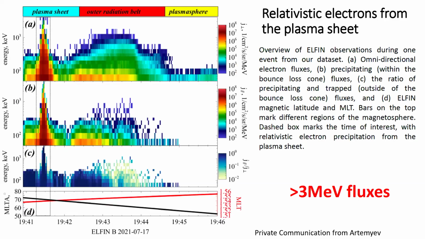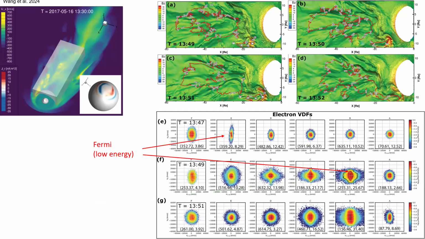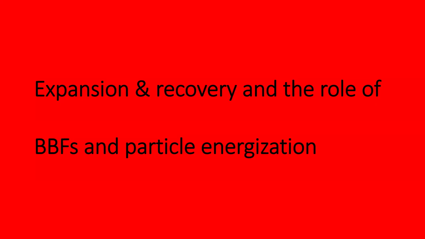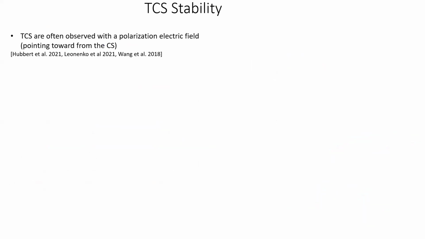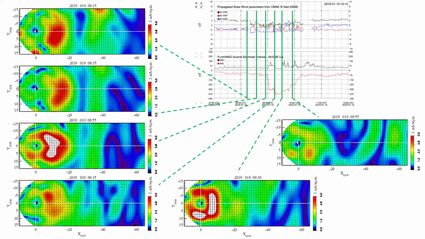But we know from observation that when this whole thing breaks up, it doesn't break up all across the tail. What we see are those bursty bulk flows, which are very localized in azimuth, in the y direction. The typical scale length is a few RE, 2 to 6 RE. Is there any explanation for that? Could it have something to do with the oxygen content? Did anybody look at that?